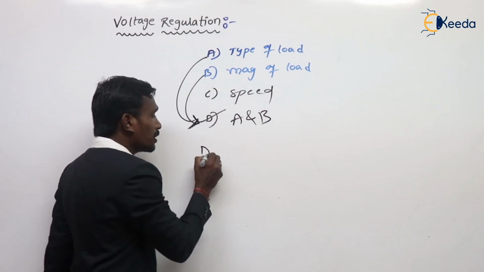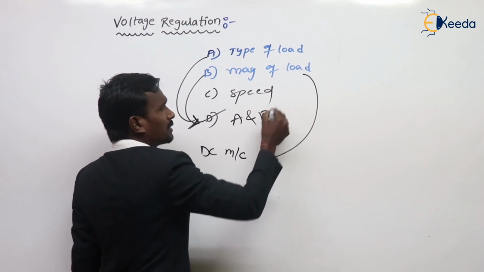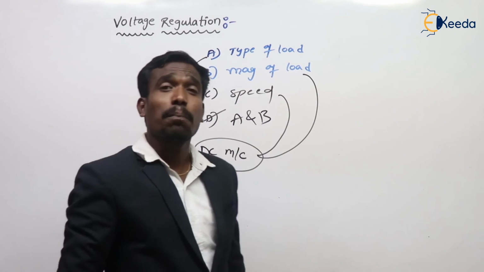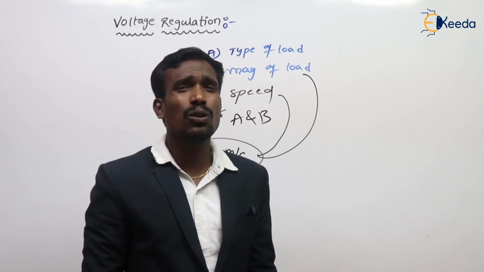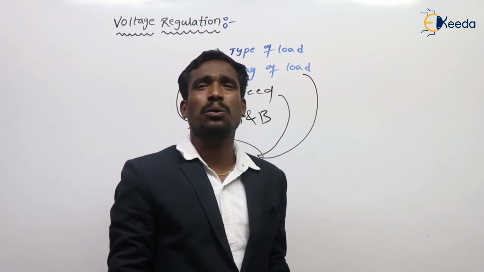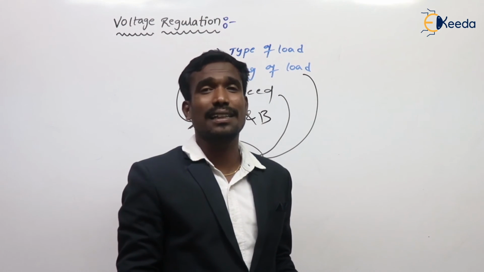But in a DC machine, the voltage regulation depends on magnitude of load and speed. There is no type of load. In DC there is always only one load, pure resistive. There is no question of lagging and leading.